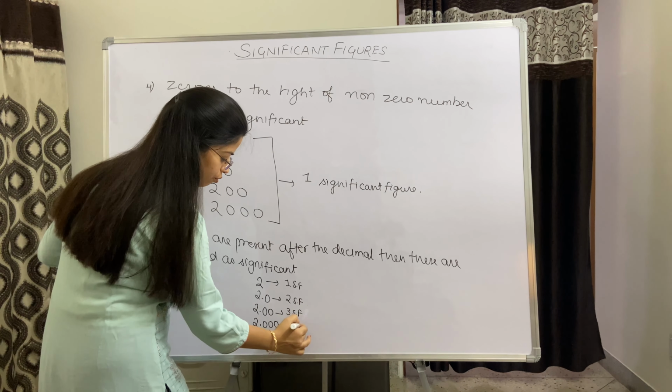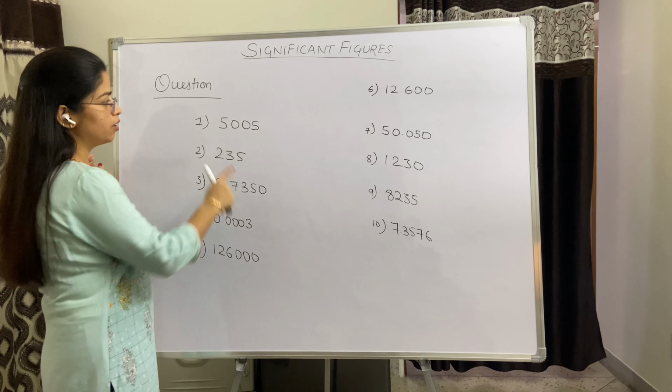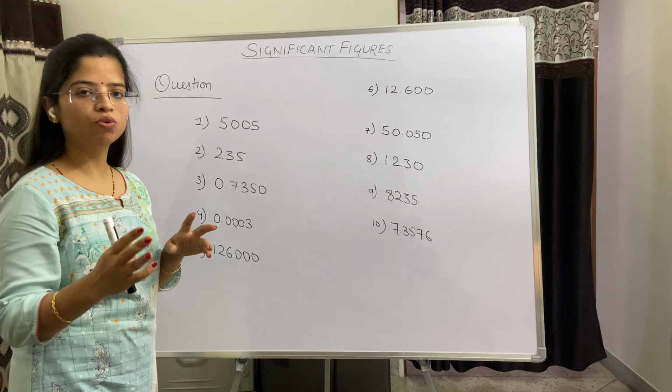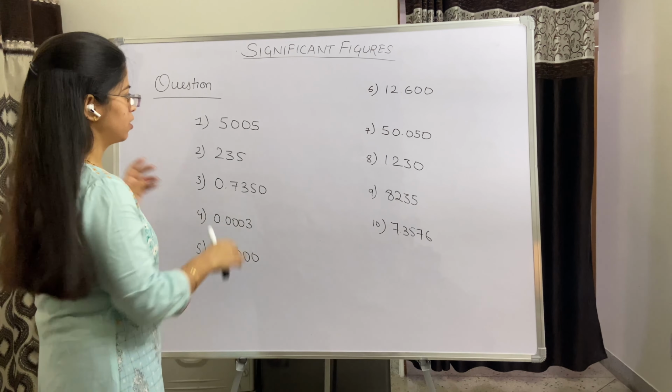Now we can try some questions. You can also try these questions first and then check the answers. First question: we will be finding the number of significant figures according to the 4 rules that we have already discussed. In this case, how many significant figures are there? It's 4. In this case, we have 3 significant figures as all are non-zero numbers.